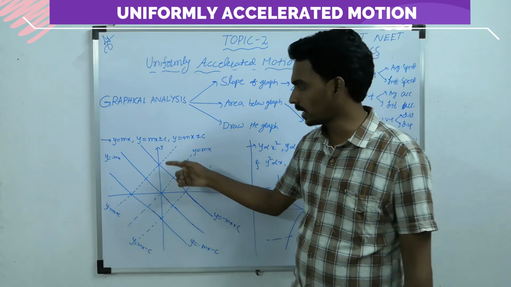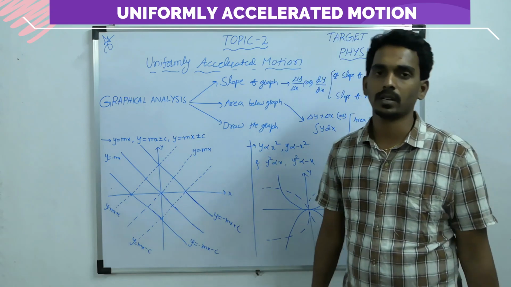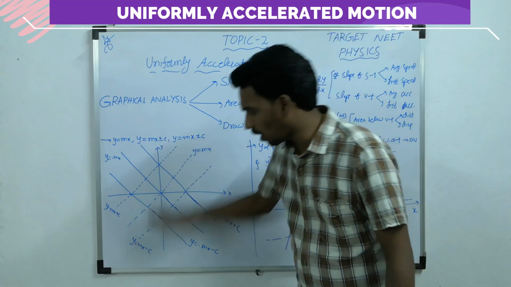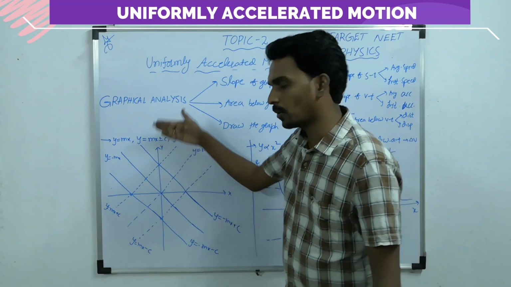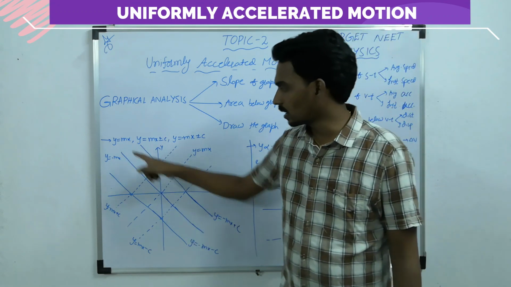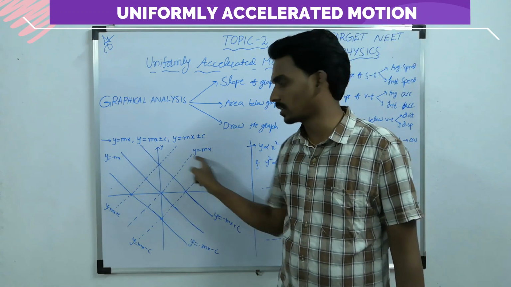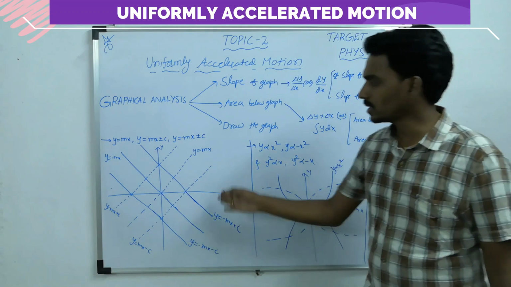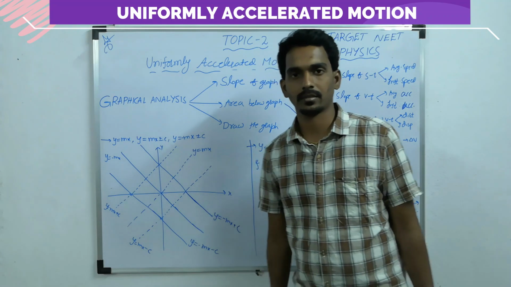They intersect the y-axis at some point, so they have some intercept, maybe plus or minus. Plus means above the x-axis, minus means below the x-axis. And these are the graphs mx or minus mx. They pass through the origin, there is no intercept. This is all about straight line graphs.